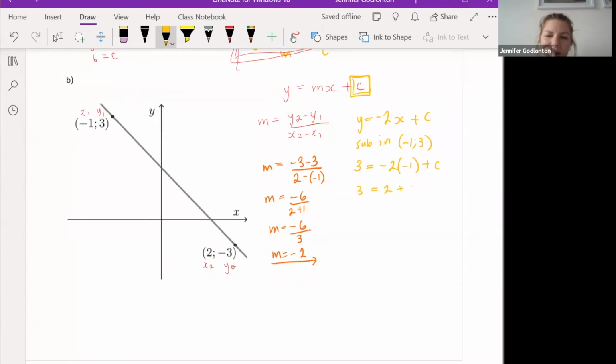Good. And then my next line is going to be 3 minus 2 is equal to c. Good. So what does c equal? 1. Good. So what is my full equation? It's going to be y is equal to -2x plus 1.